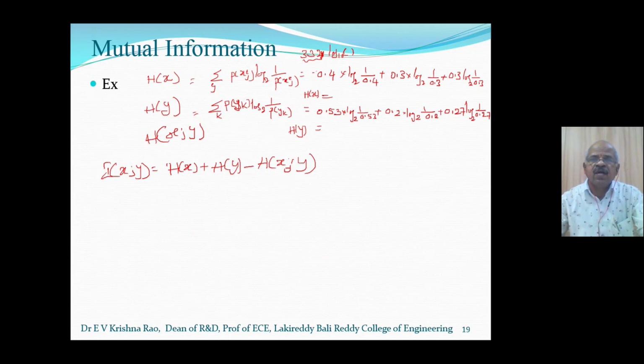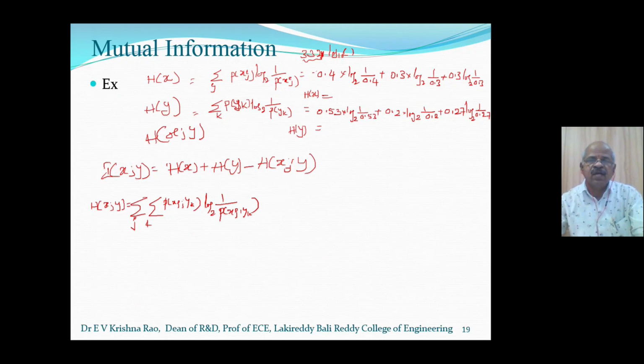Now H of x comma y, you have to find with all the joint probabilities, which are already there. The sum over all j and k of P of xj, yk logarithmic base 2 of 1 by P of xj, yk.